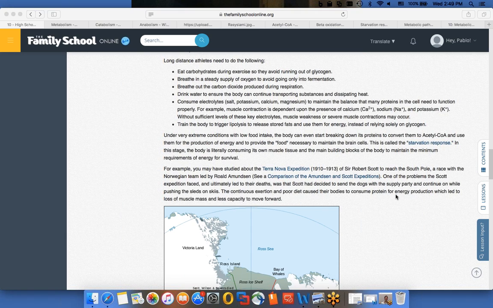So, for example, one time I was in a 50-mile race, and I hit the wall at mile 42. Mile 42. So I had only 8 more miles to go, and I just fell down onto the ground. Couldn't move any longer. I just lay down on the ground. My family came.